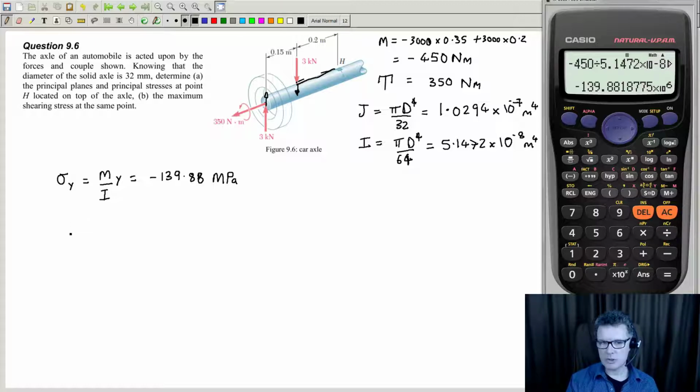And now my torsion shear stress will be a positive.